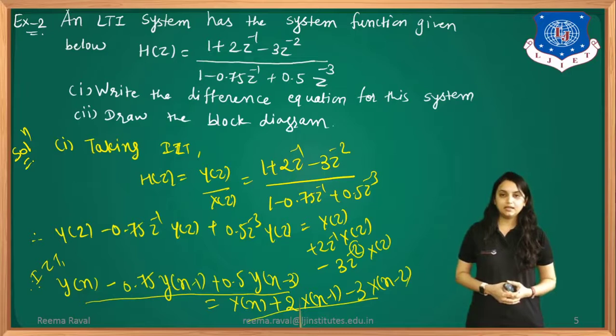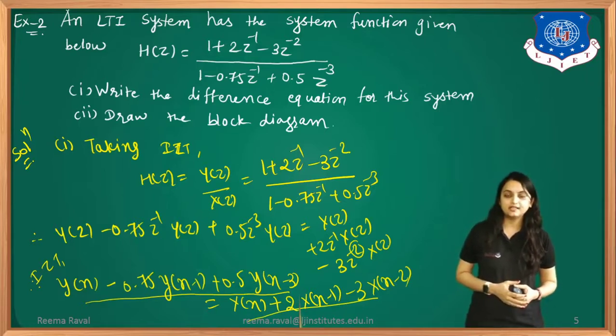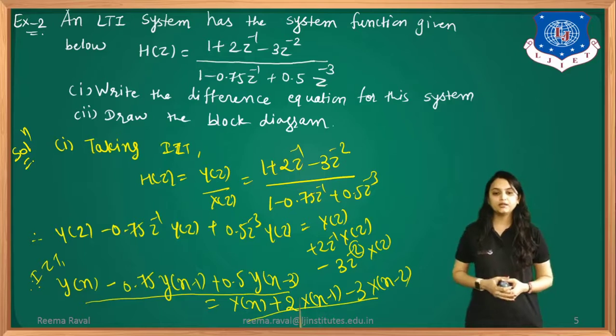Let us look at the data which is given to us. Here an LTI system has a system function given as H of z equals 1 plus 2z inverse minus 3z to the power minus 2, divided by 1 minus 0.75 z inverse plus 0.5 z to the power minus 3.